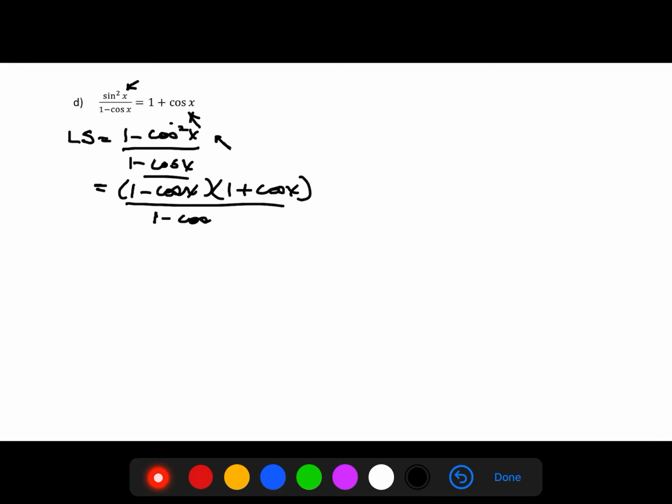We have a perfect square at the beginning, perfect square at the end with a minus in between, which means we can factor it to 1 minus cos x times 1 plus cos x, all divided by 1 minus cos x. So because we now have the same expression on the top and bottom, we can reduce our fraction and it becomes 1 plus cos x, which means that it is equal to the right side, and we have proven that those two expressions are equal.